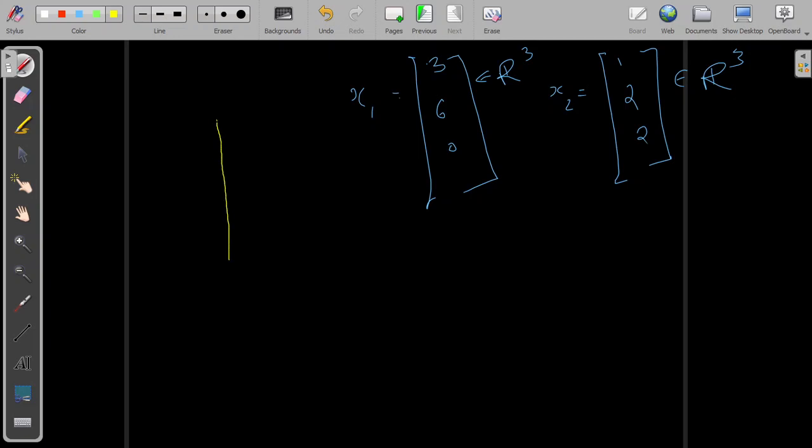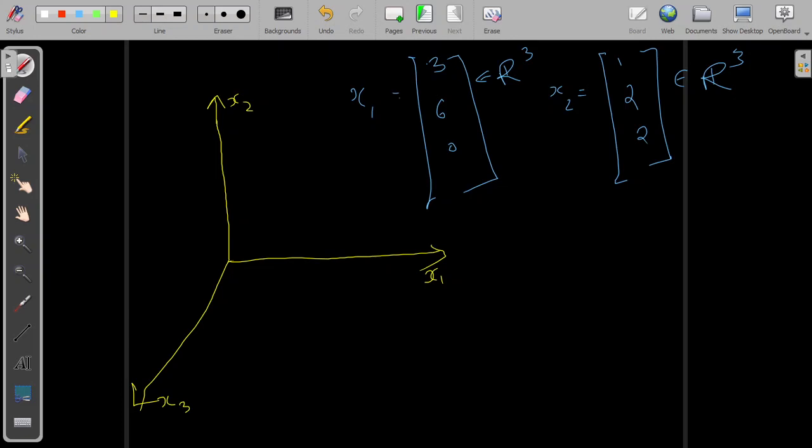Like this, this is x1, this is x2 and this is x3, so the x1, x2, x3 coordinate system.